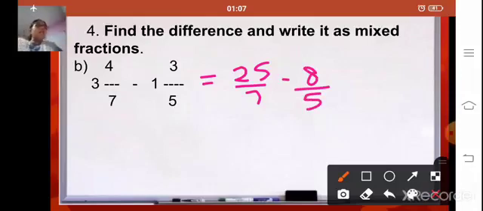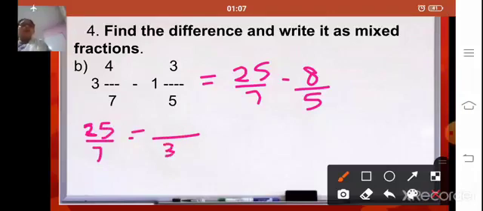Now 7 and 5 both are prime numbers, so your LCM is the product of the two numbers, that is 7 5s are 35. Now change this 25 upon 7 into a like fraction upon 35. That means you'll multiply this by 5, 25 also by 5.